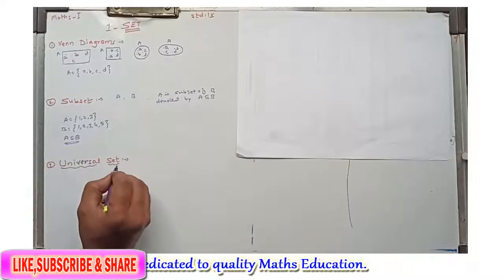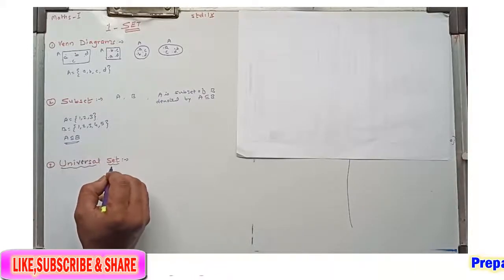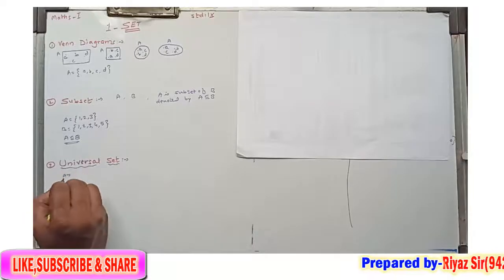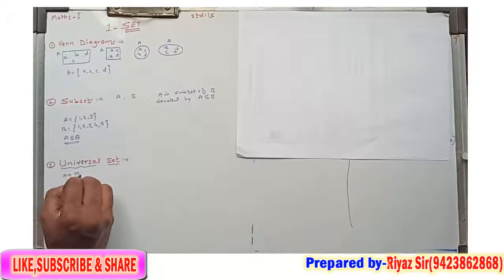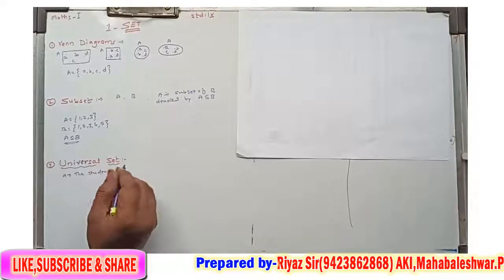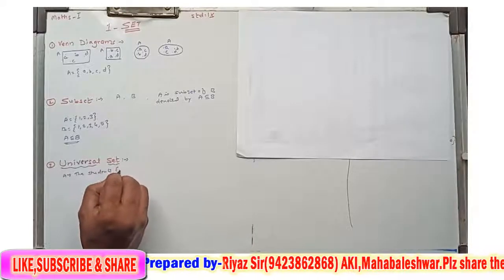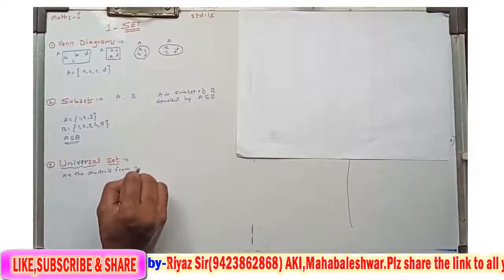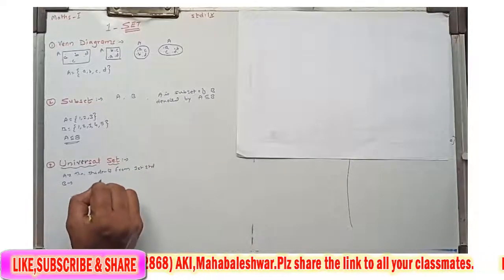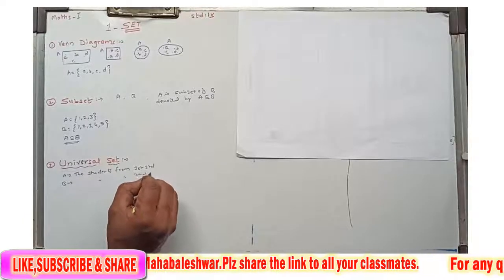Suppose our school is up to 4th standard. So we consider set A, the set of students from first standard. Set B, the set of students from second standard.